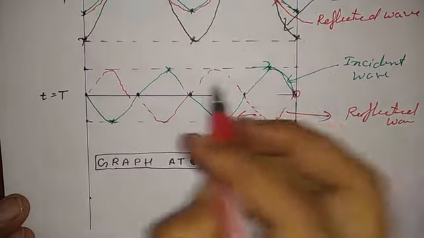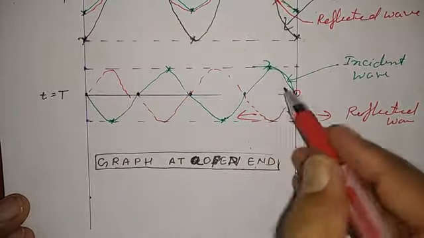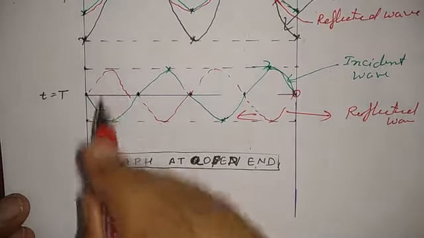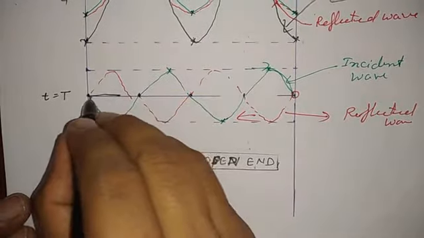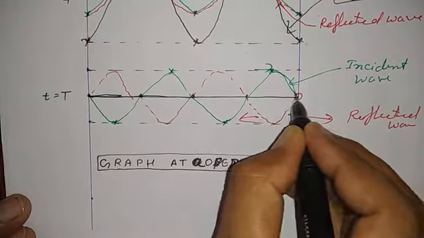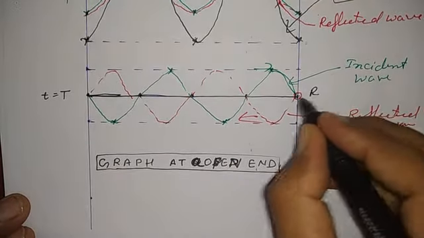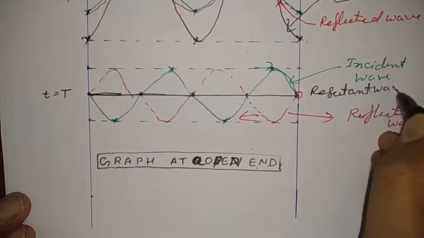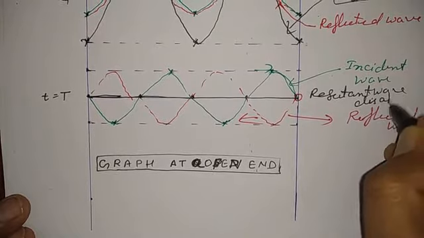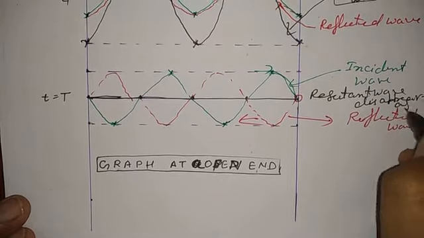So again, two identical waves traveling in opposite directions superimpose with equal intensity, then the resultant wave again disappears. So this is the resultant wave, disappearing again.